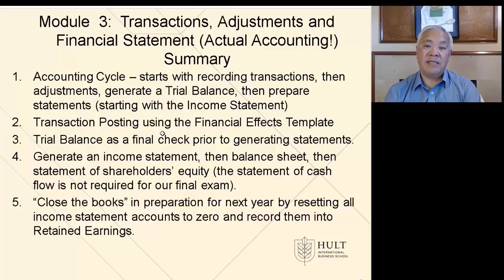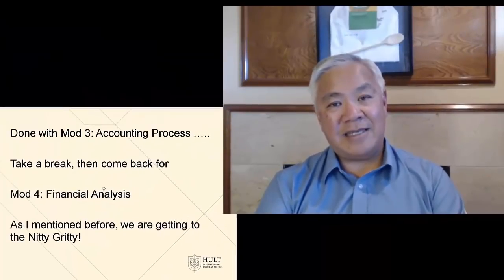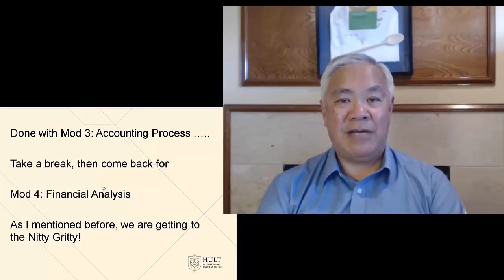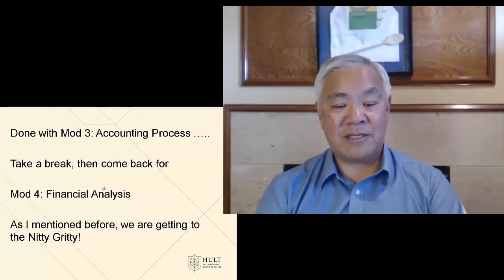Then we jumped into something deeper, which is reflected in our textbook, to show how we can record the 20 some odd transactions in order to get to Apple's income statement, balance sheet, statement of shareholders' equity. Close the books, we just described a moment ago as zeroing out all the income statements and closing them to retained earnings, so we could start at 0 for the next year. Congratulations, that's the nitty-gritty of accounting: how to do entries, statements, and close books.